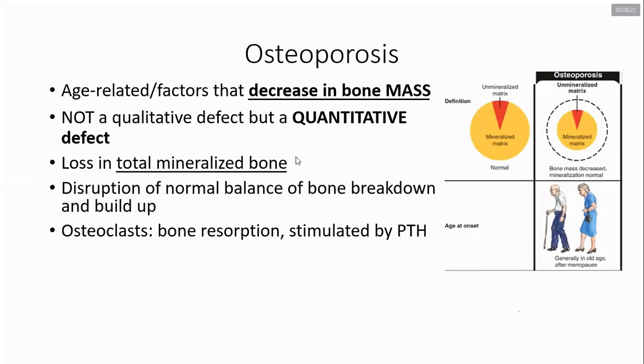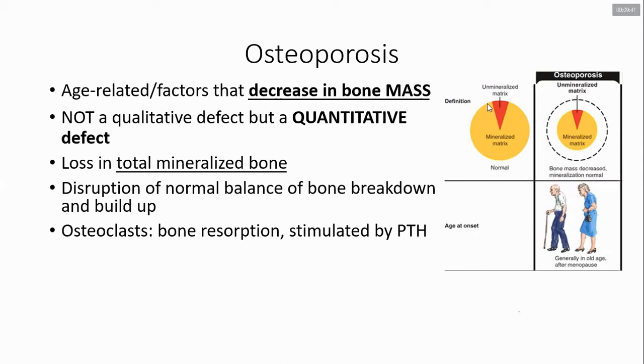leading to clinical features is called osteoporosis. It affects cortical as well as trabecular bone, cancellous bone, but I'll come to that later. As you can understand, it is a loss in total mineralized bone.